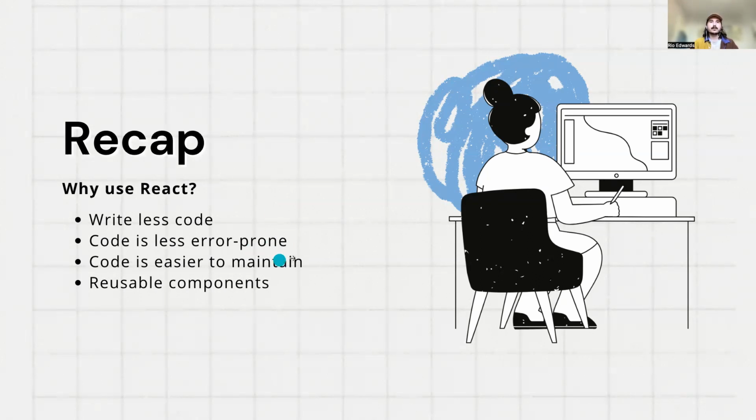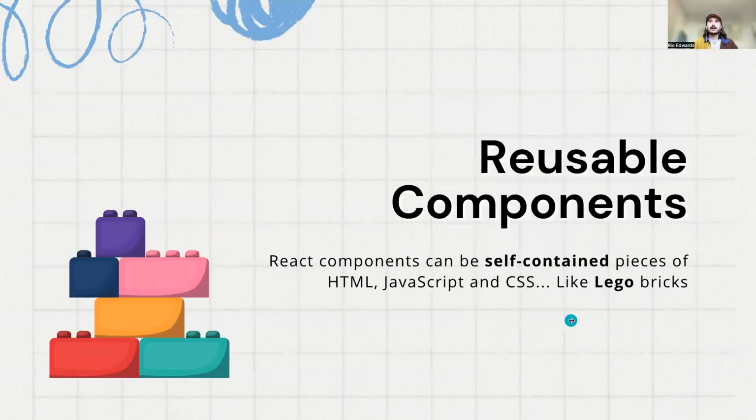In JavaScript, you can do a loop. And in React, you can do a loop. So those are just some things that if you are doing pure HTML and JavaScript, you'll start running into difficulties, and React solves a lot of them.